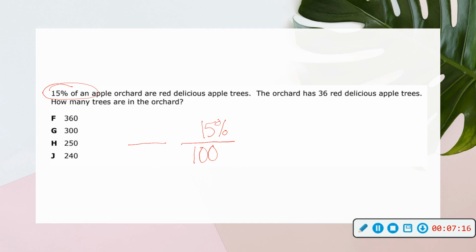It has 36 trees. So therefore, we're trying to figure out, reverse. So we know that there are 36 red delicious trees, and we're trying to figure out how many trees are in the orchard. So we want to know what my total is. In this case, let's do cross multiply. So we can do the cross multiply and divide. So I would multiply those two and divide. That's one way. We can reduce this by 5. So that gives me 3 over 20.